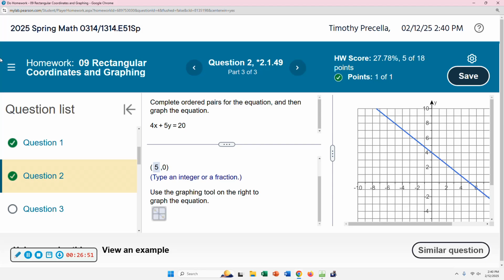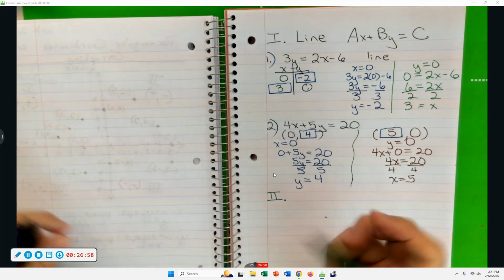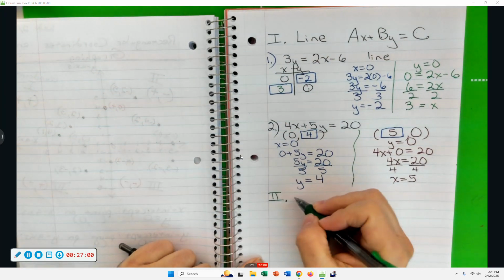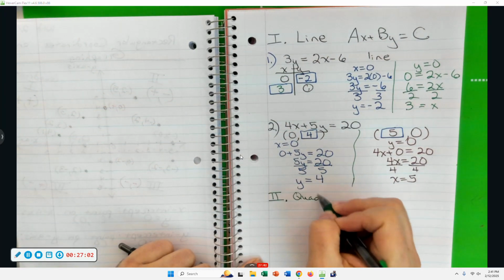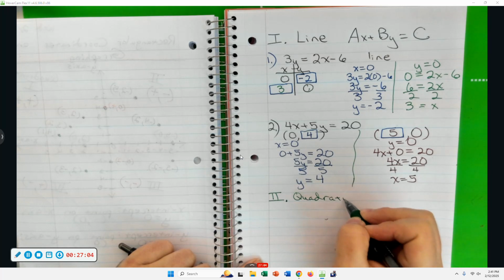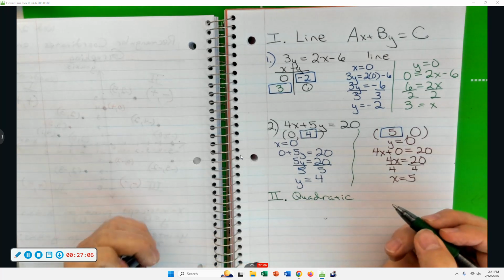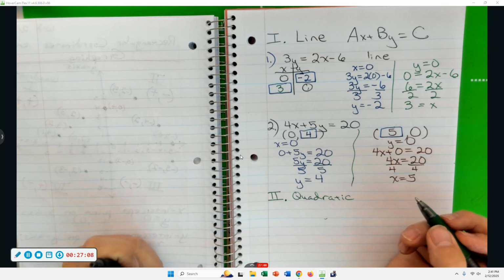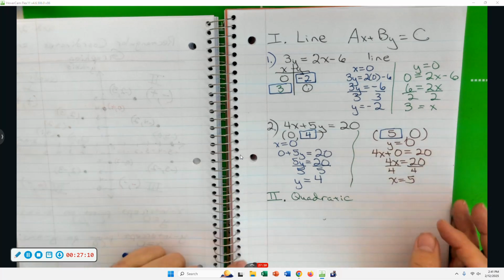The second shape that we're going to be graphing, quadratics. If something's quadratic, what's the biggest exponent in the expression? A square.